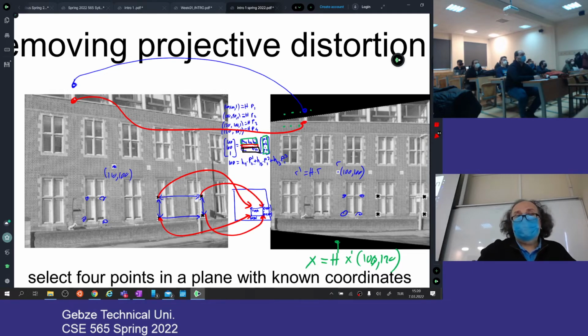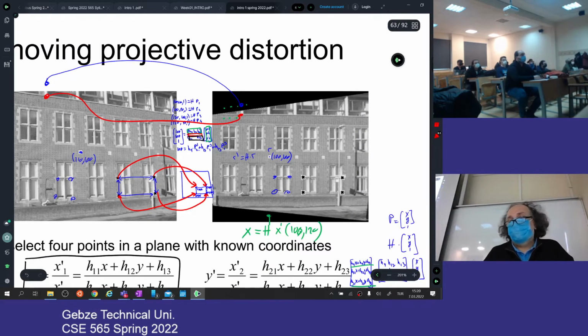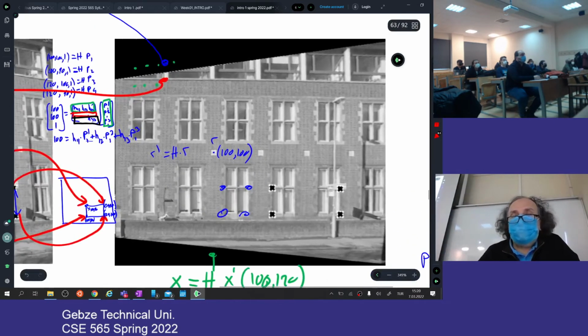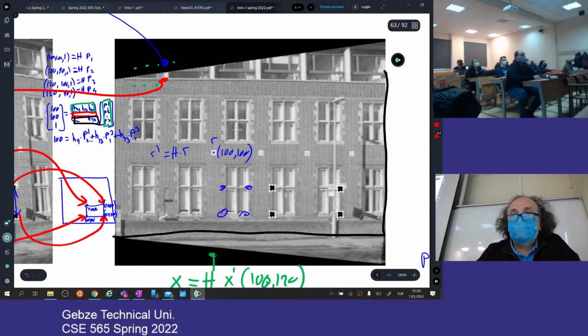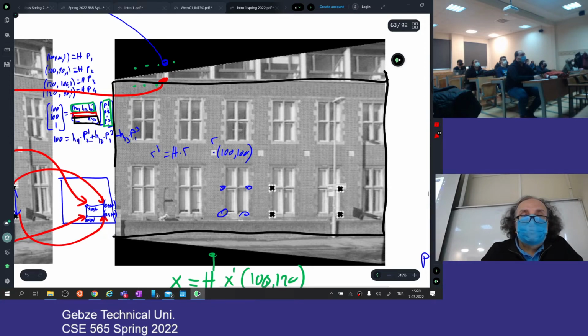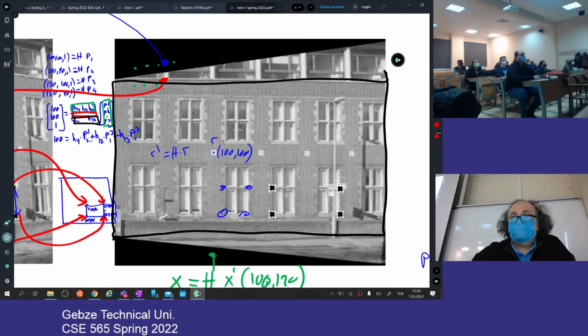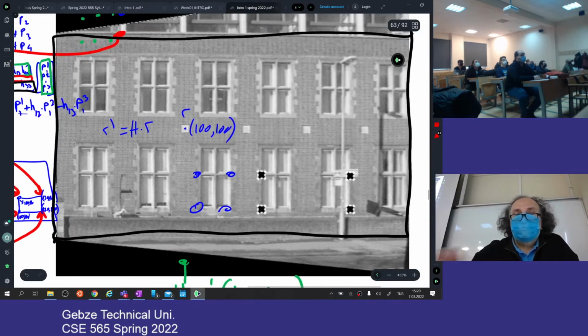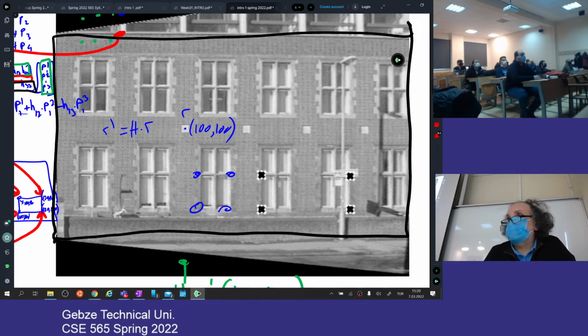Okay, that's why when you do this kind of corrections, sometimes you get this kind of black areas. To prevent this, sometimes people would just take only this part of the image, so you lose some part of it. And as you see, this is a perfectly rectangular image with all the windows, right?